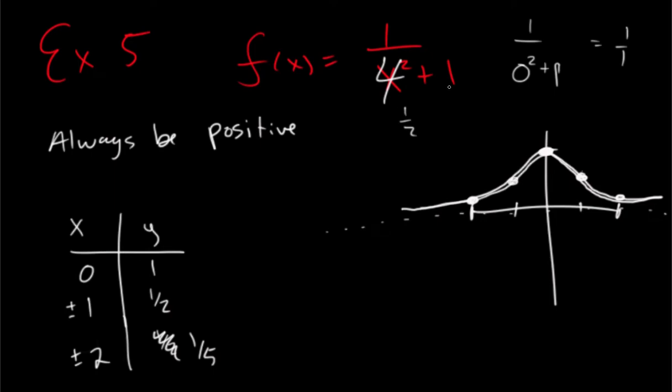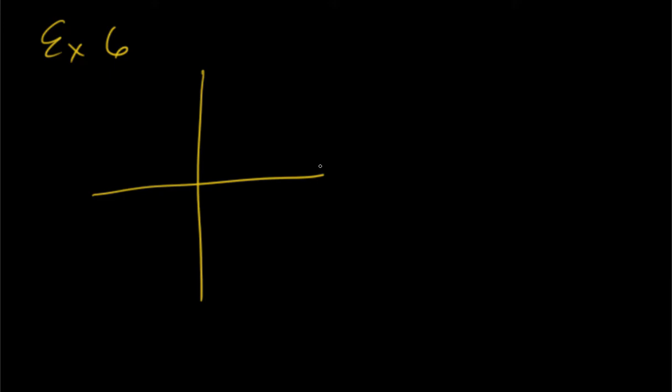All right. Let's move on to the next example. So this is example 6. We're given a figure, and it's a parabola that looks roughly like that. Look in your book if you want to see a better drawing of that.